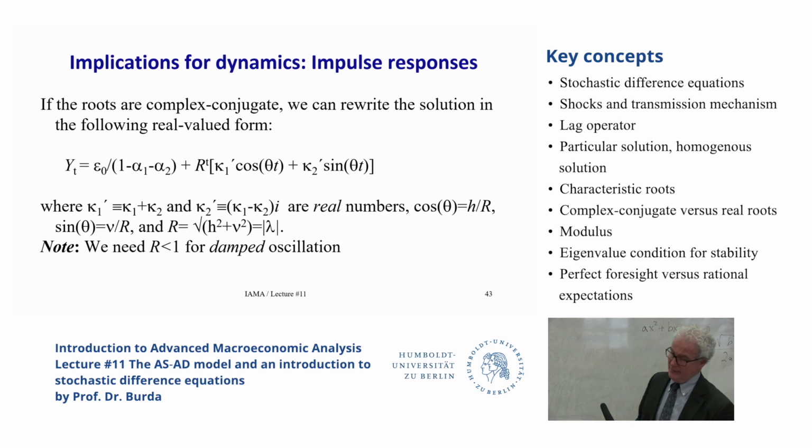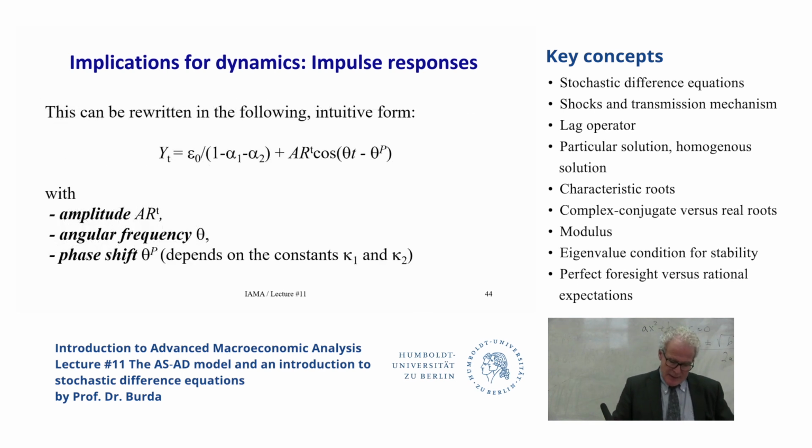And I've already said we need r less than 1 to have damped oscillation. This is not exam material, but if you really care about this, you can actually use this. This is reacting to a single, permanent shock. You can see that we can derive an amplitude, and the amplitude gets smaller over time if r is less than 1.